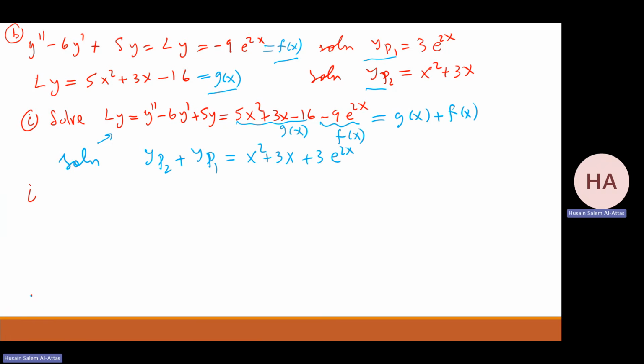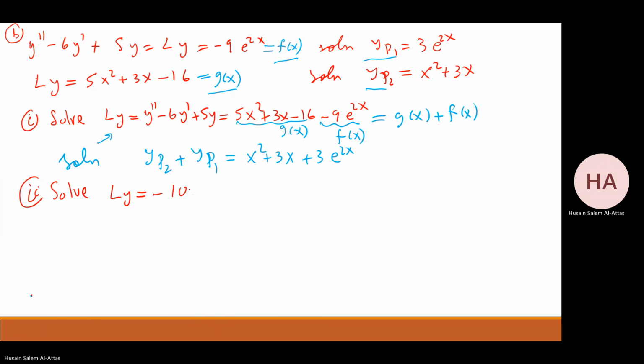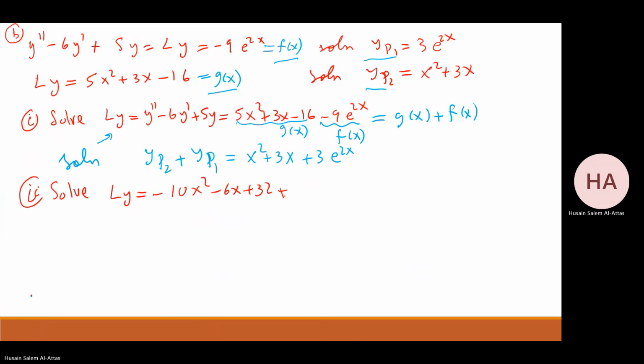Now, the second one, I need to solve Ly equal to the same differential equation, but the right-hand side is different: minus 10x squared minus 6x plus 32 plus e to x.